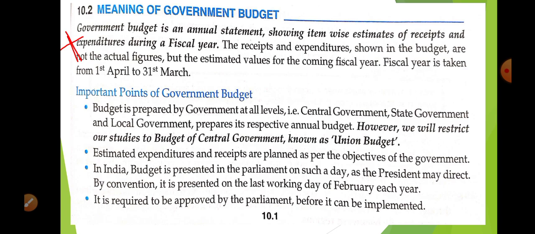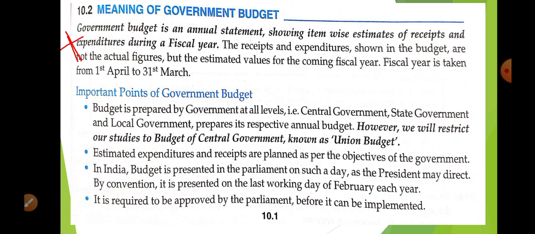The receipts and expenditure shown in the budget are not actual figures but estimated values for the fiscal year. The fiscal year is taken from 1st April to 31st March. Actually, it does not represent actual data. It is all about what the government is going to do during the whole year.